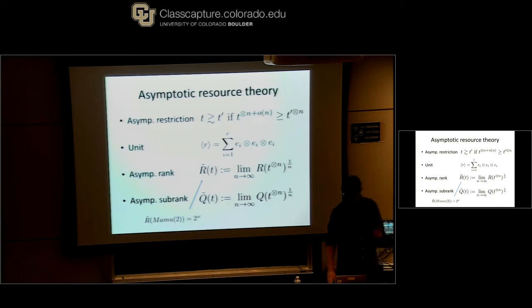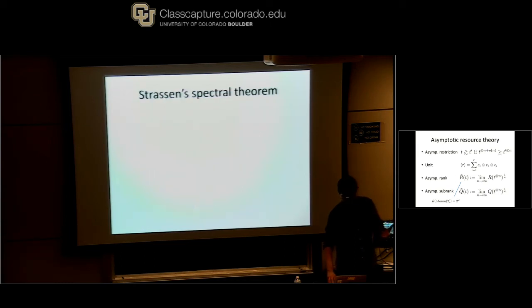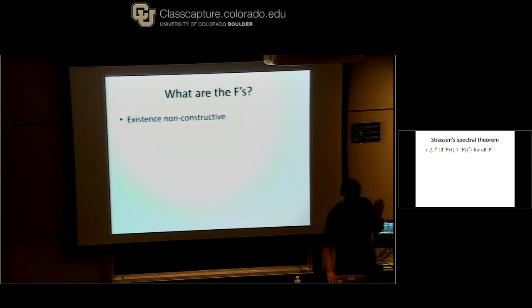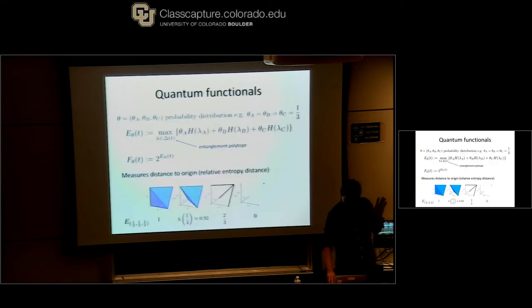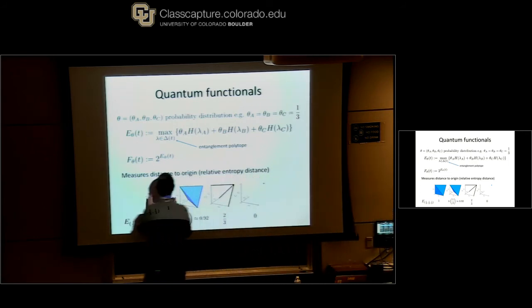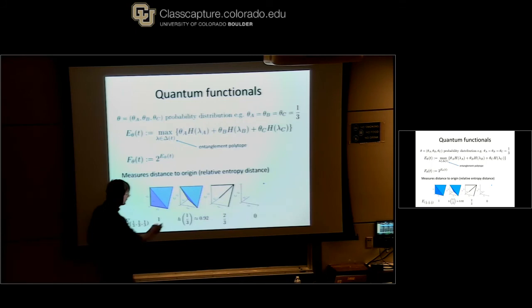And actually the functions are very simple. Maybe they look complicated, but you take the polytope and you just measure the distance to the origin. So basically these functions that are the analog to the polynomials for this asymptotic restriction are the distances to the origin here.